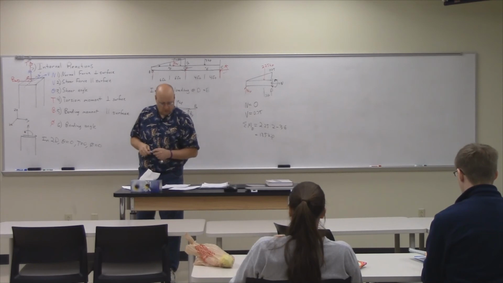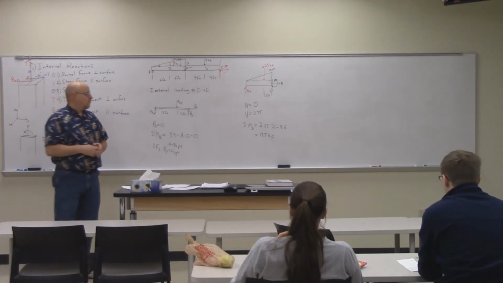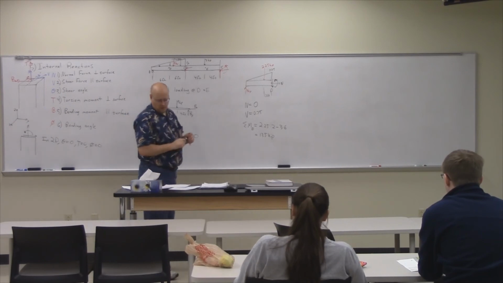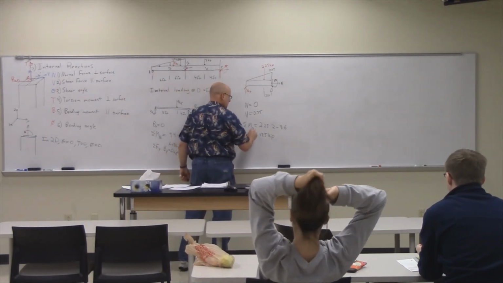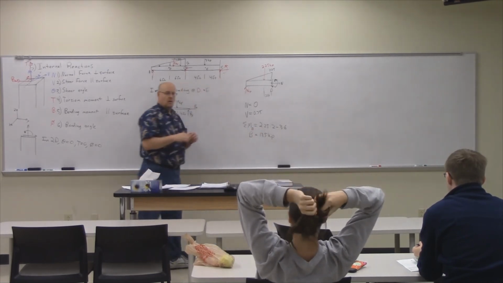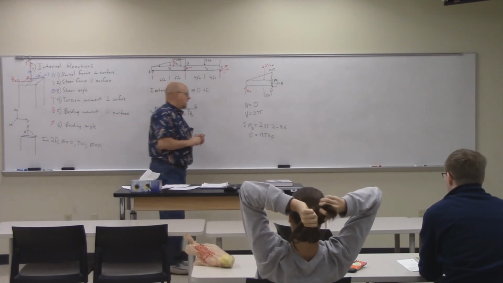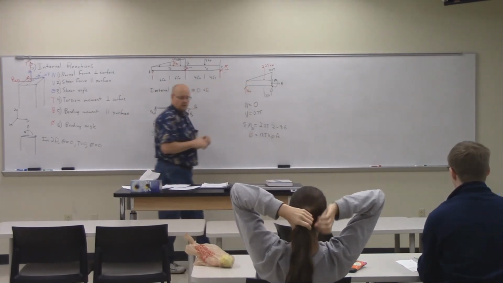Is my sign correct based on the way I've drawn everything? So the bending moment. Kip feet, yes, units, kip feet. Is that the right unit? Kip feet, yes? Okay.